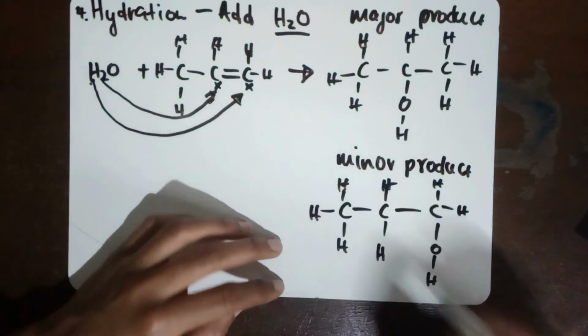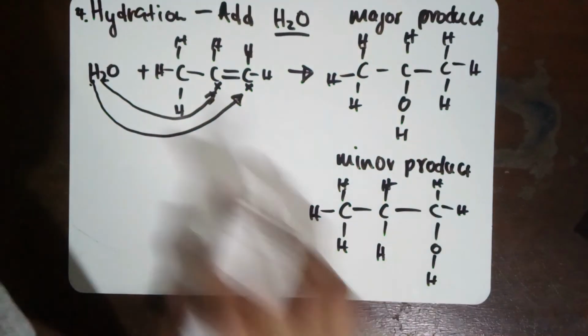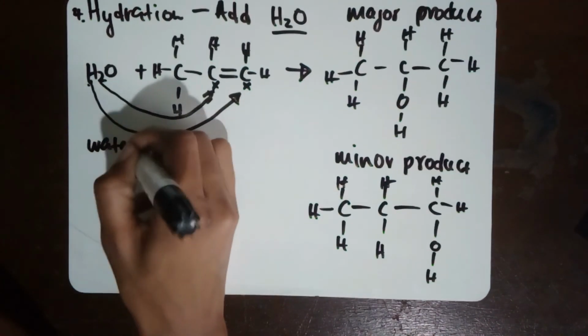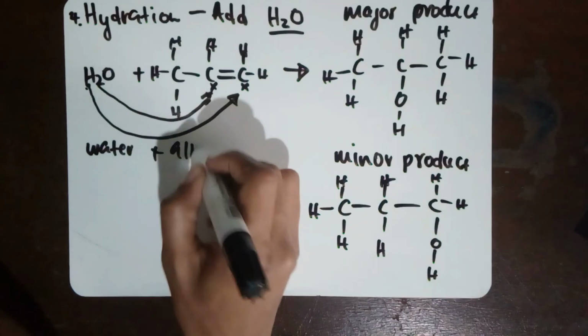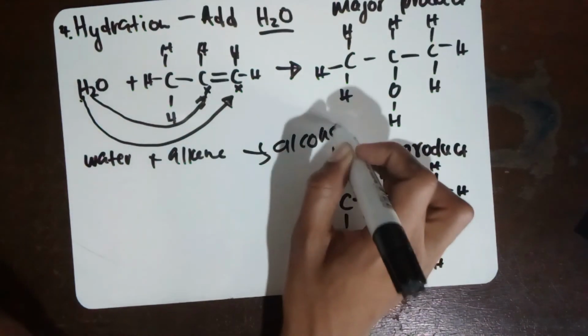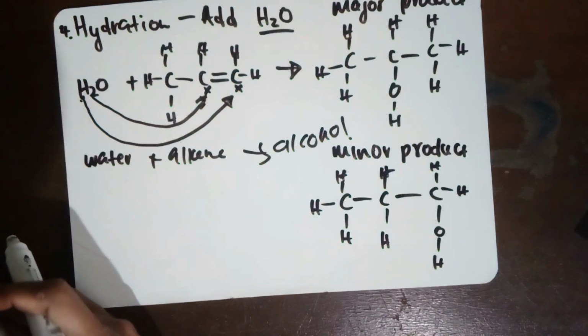And yeah, so there we are. So you have water, you add it to an alkene, and at the end you get an alcohol, right? Quite interesting if you think about it.